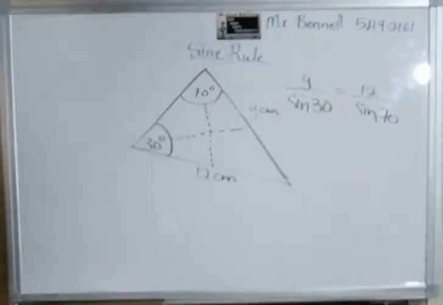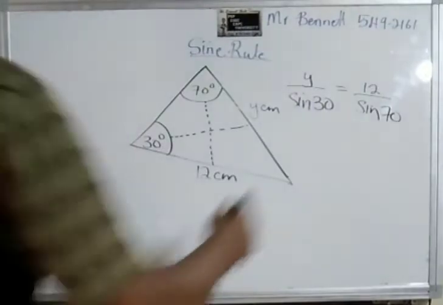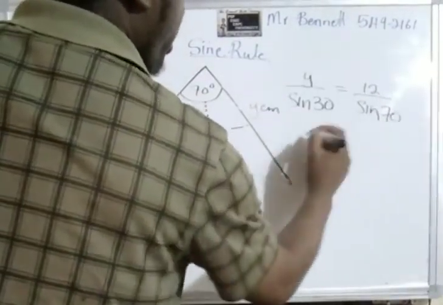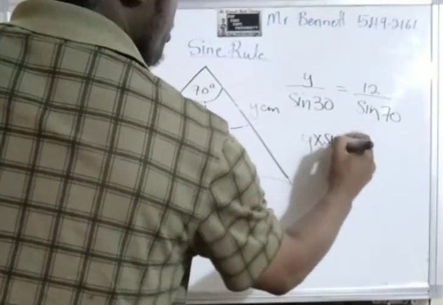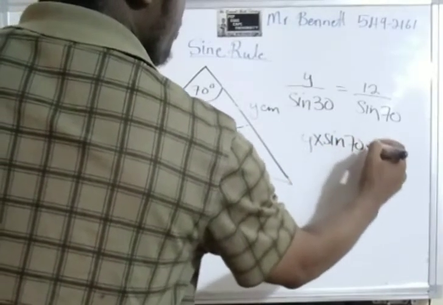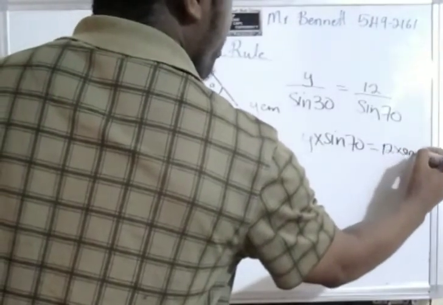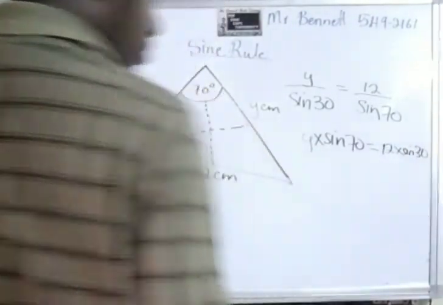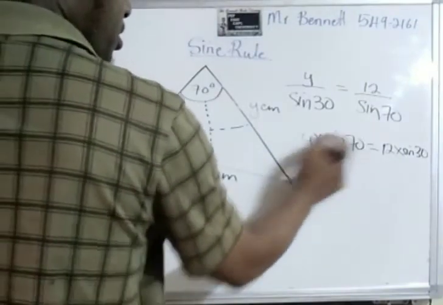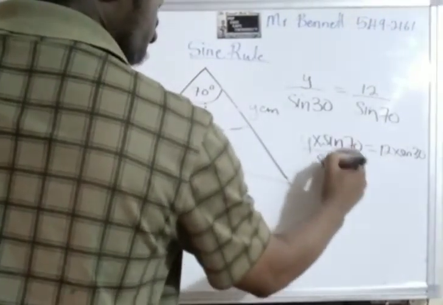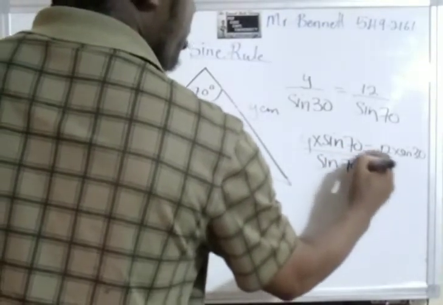Now, in order to get rid of the denominator, we can cross multiply. We see that before, so it will be y times sine 70 is equal to 12 times sine 30. In order to get rid of this sine 70, because this is times, we do the opposite, which is divide by sine 70.